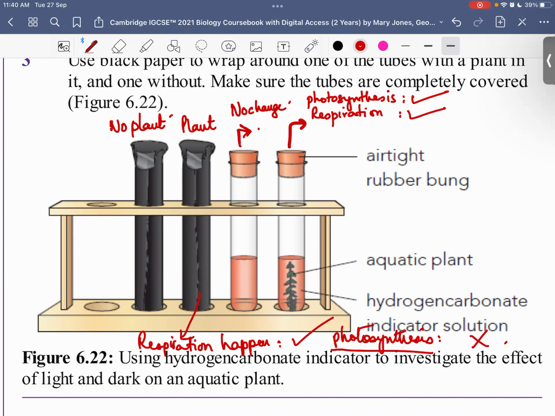What do you think should be the color of the indicator in this test tube? Let me number them 1, 2, 3, 4. Color of the indicator in test tube number 1. Pink, I guess.